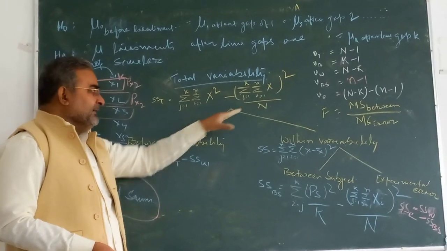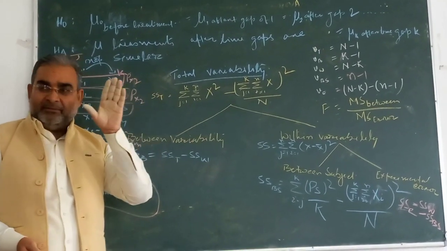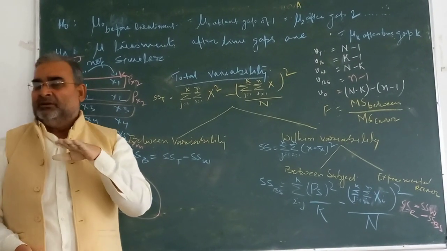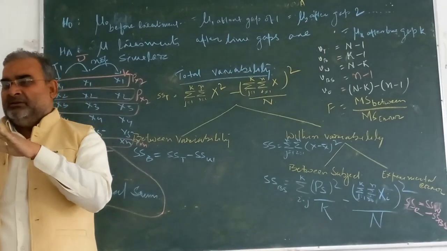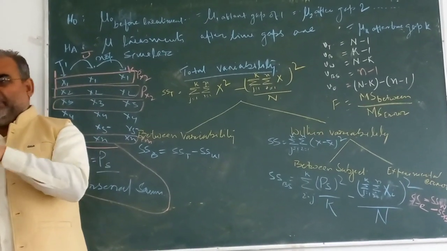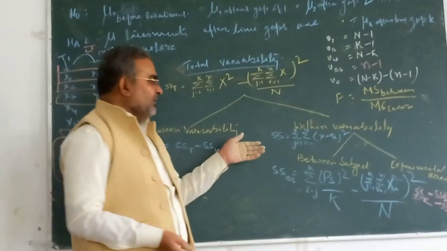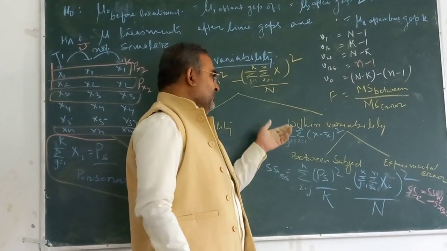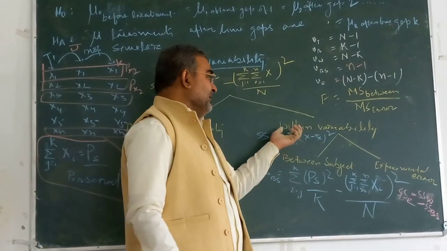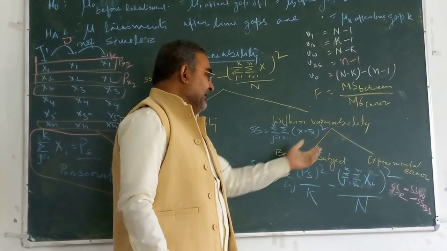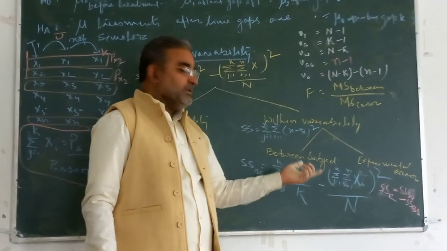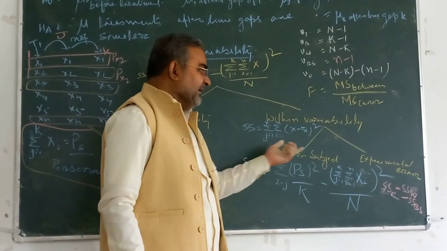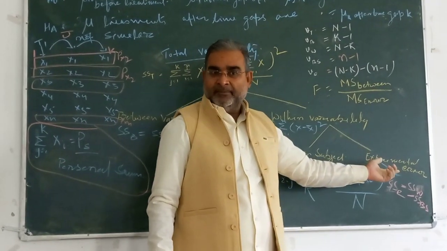Here, these components are the same as in the single factor independent measure, but when we differentiate the within variability, it is further divided into between subjects and experimental error.